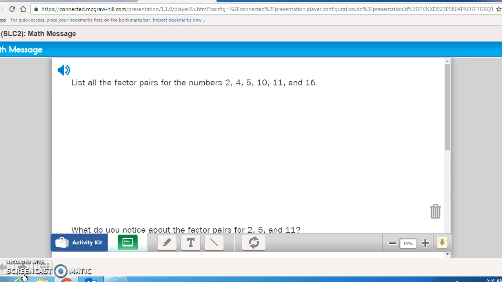List all the factor pairs for the number 2. Well, you should know the factor pairs for the number 2 are the numbers 1 and 2.